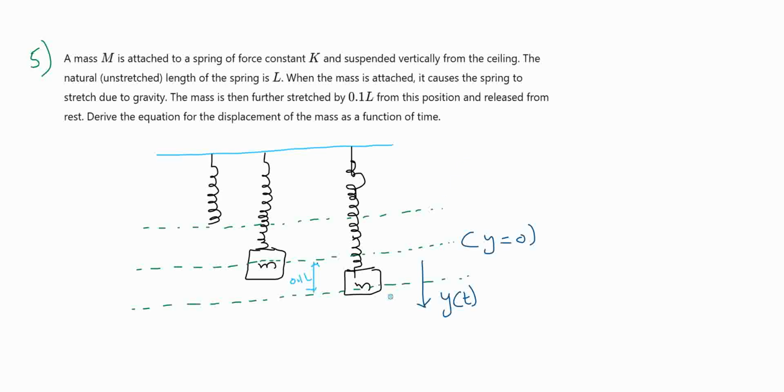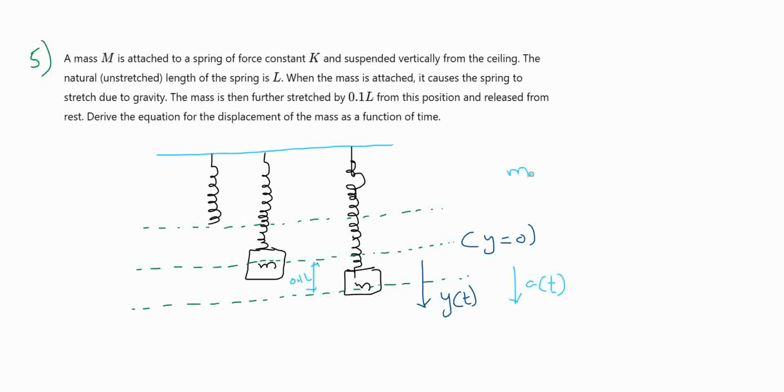The force due to gravity will be towards the positive y-axis, and the force due to the spring will be upwards. Now when we write Newton's second law, taking the convention that acceleration is in this direction, acceleration is positive.